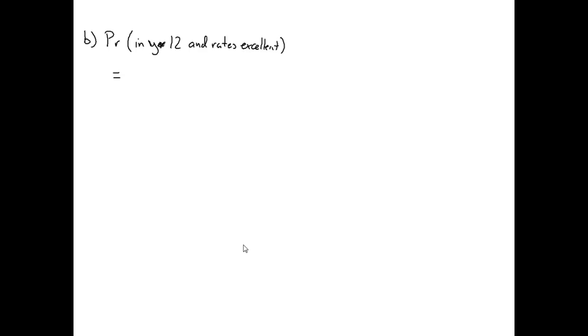So there's 35 kids who are in year 12 and rate the canteen as excellent. So that gives me, that can cancel down, 7 out of 80.